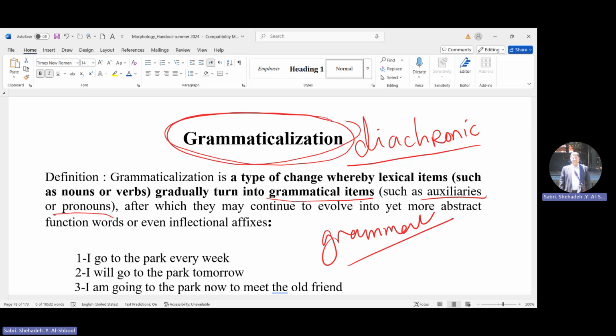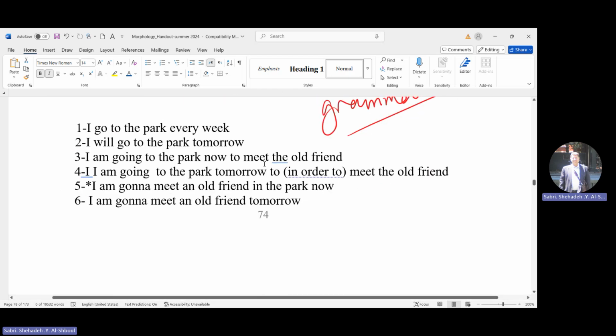So this is a kind of consequence of different changes, different developments, different evolution patterns that target these lexical forms to become grammatical forms. Let's look into a simple example to see the notion of grammaticalization and how it works on verbs like the verb go.